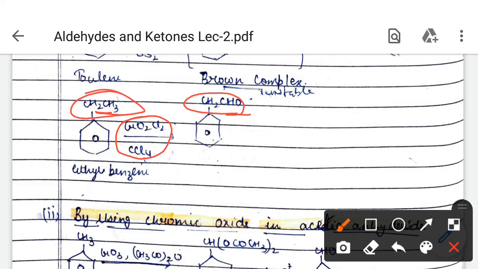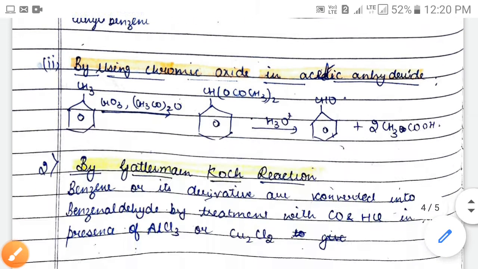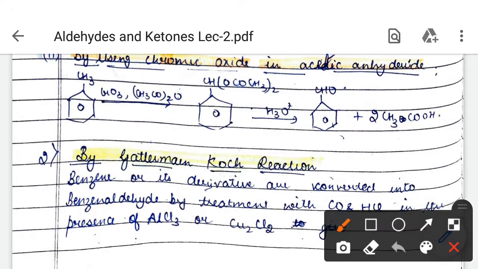So next is by using chromic acid in acetic anhydride, then also we get benzaldehyde or an aldehyde group in the side chain by following this intermediate, which upon hydrolysis gives this plus this side product.